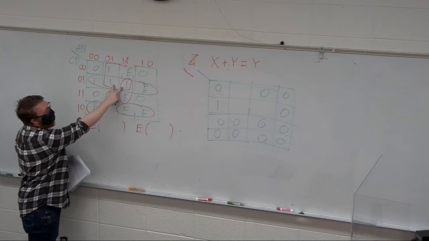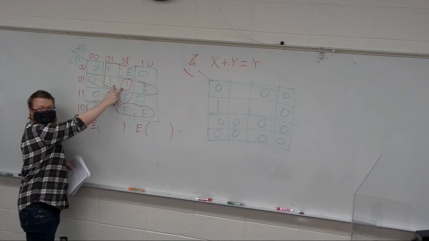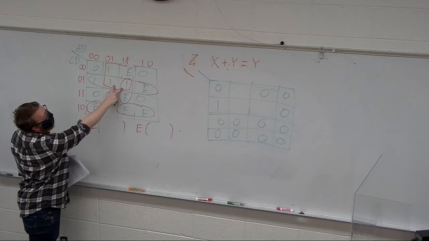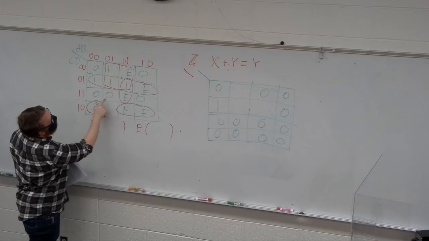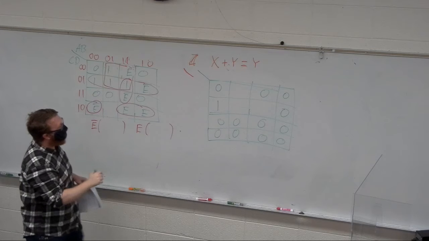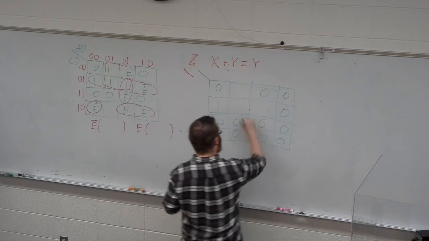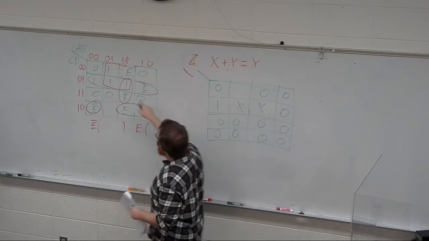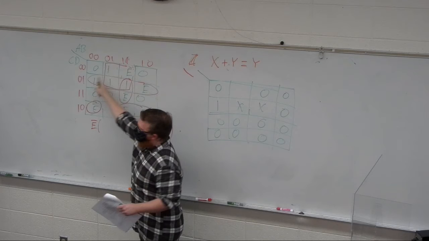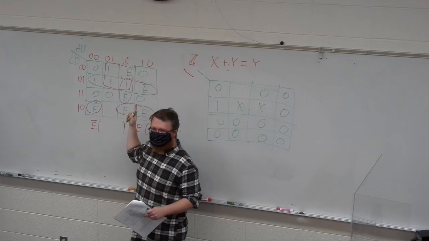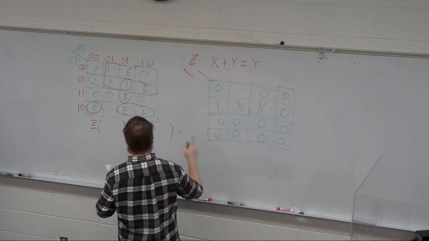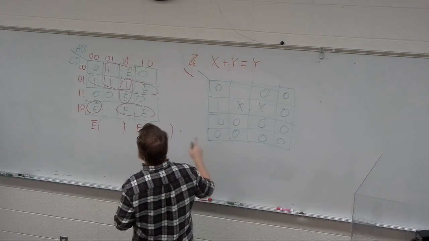These two ones. Actually, are they both X? Let's double check. Right. Yeah, they are, because we have an E in the square and an E bar in the row. I've got one more one.